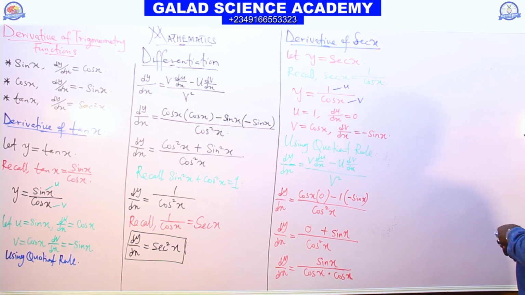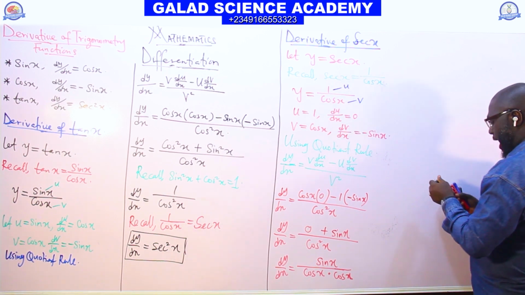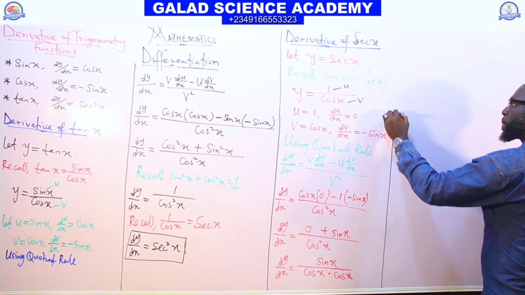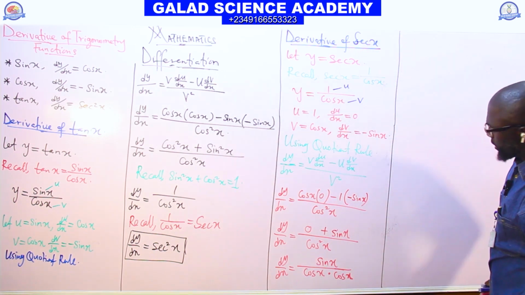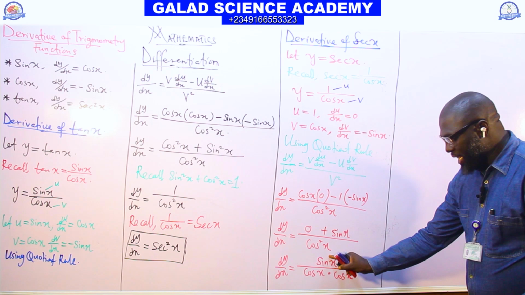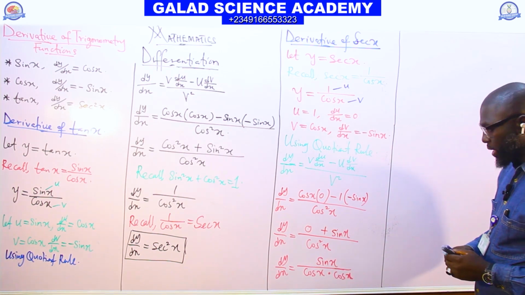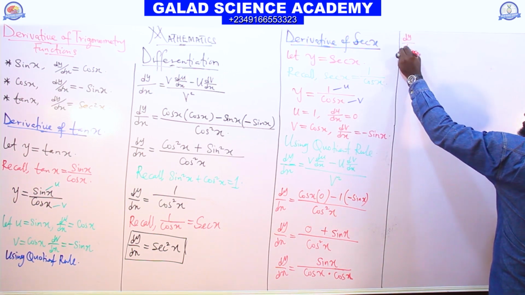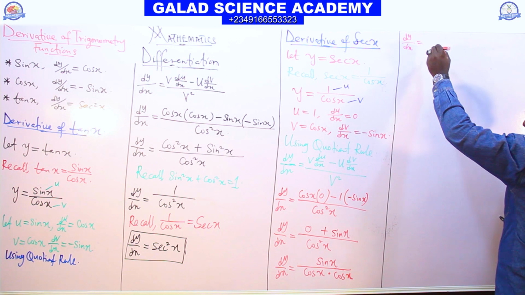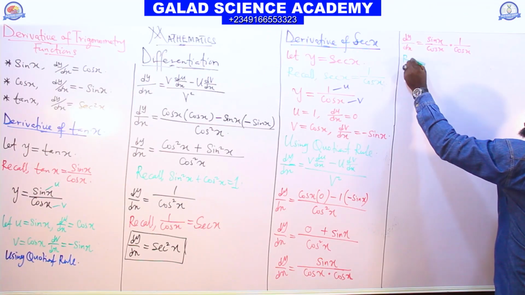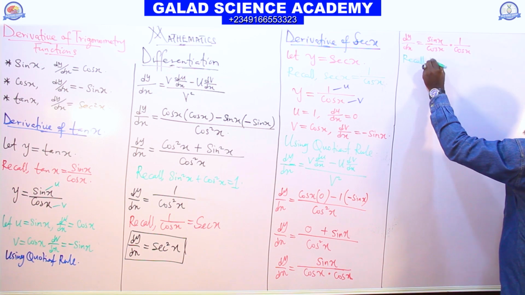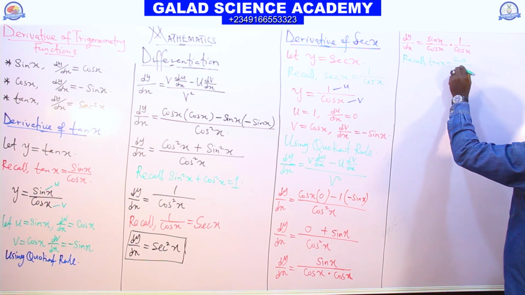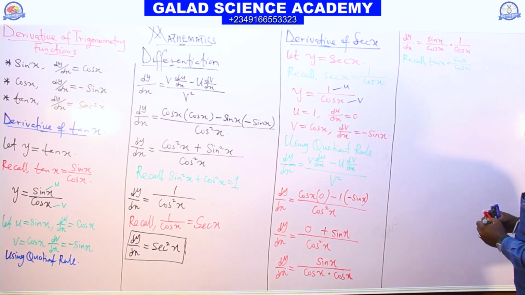So this expression, I can further split it. Sine over cos is what? dy/dx equal to what? Recall again that tan x equals sin x over cos x.